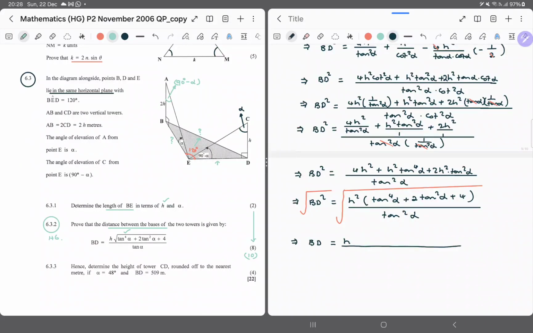Thank you, guys. You are such a nice bunch of people. Now this one, we can't do much about it. We just leave it as such. So this is going to be 10 to the exponent 4 alpha plus 2 10 squared alpha plus 4 divided by, now the square root of 10 squared is just 10 alpha.